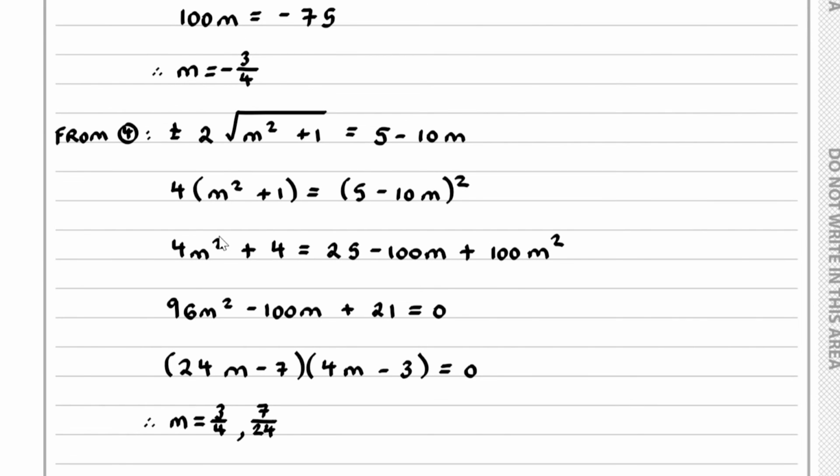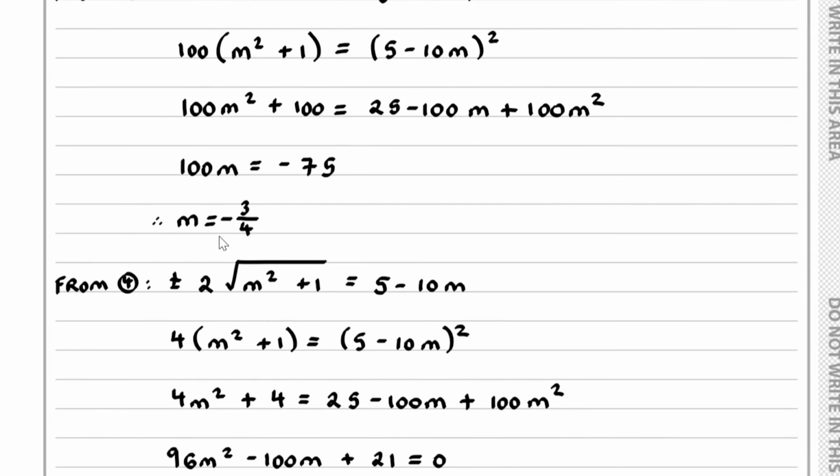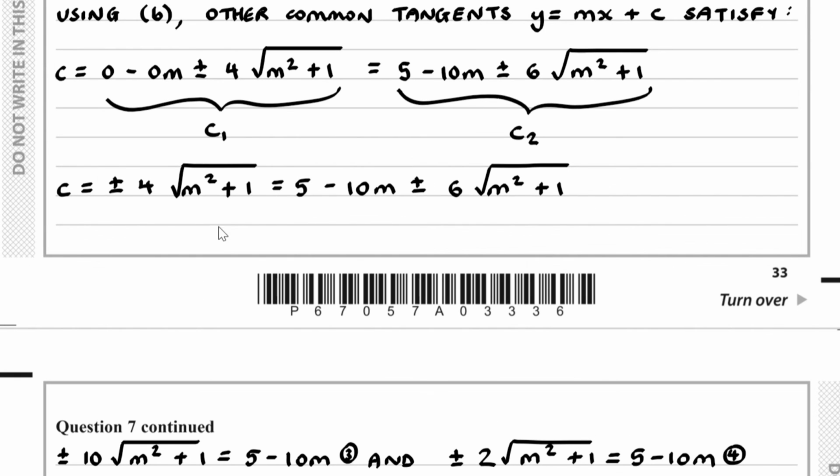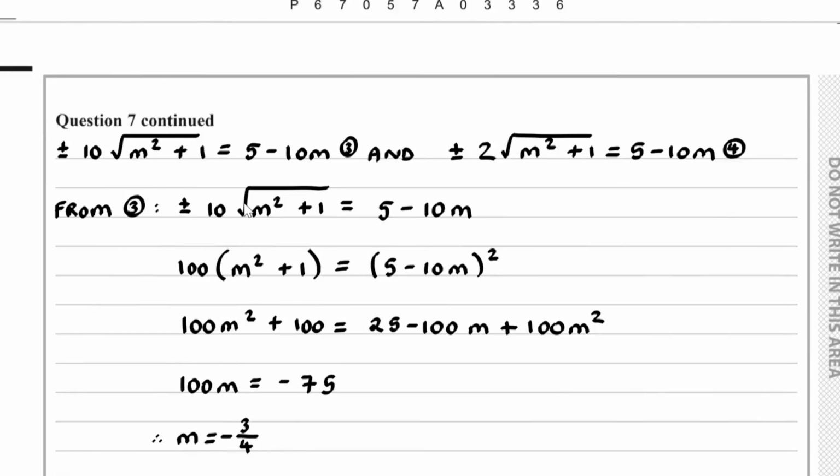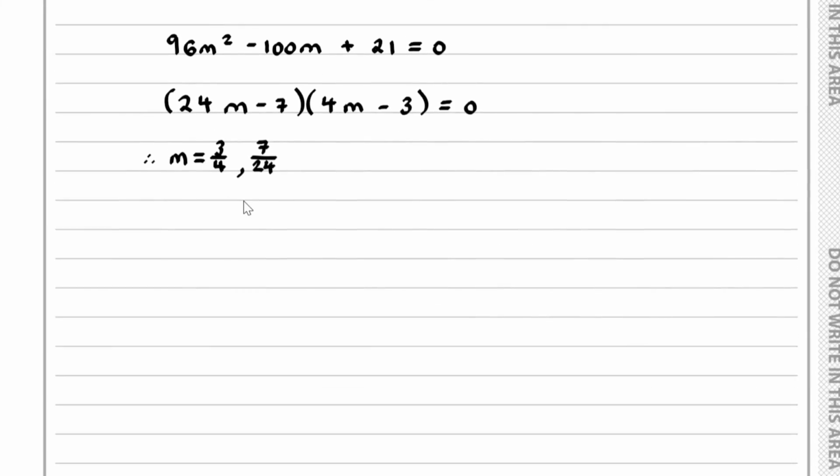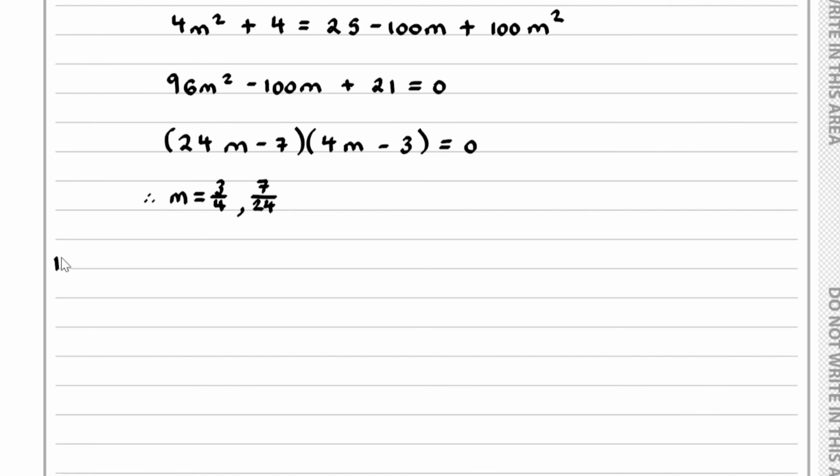And now what we can do is find out what c is, using the results here. And I'm going to be using plus minus 4 times square root of m squared plus 1. So we know c is equal to plus minus 4 times by m squared plus 1 square rooted.